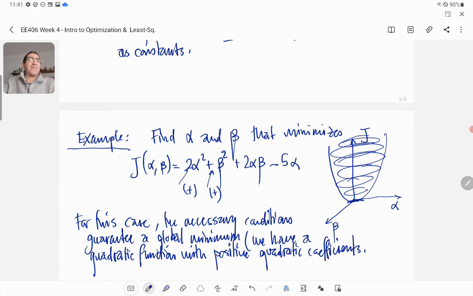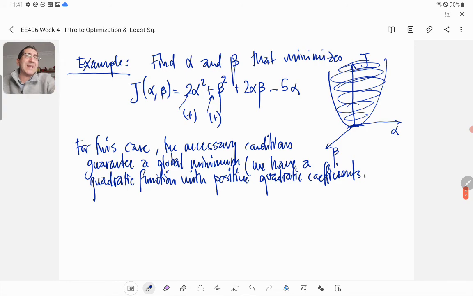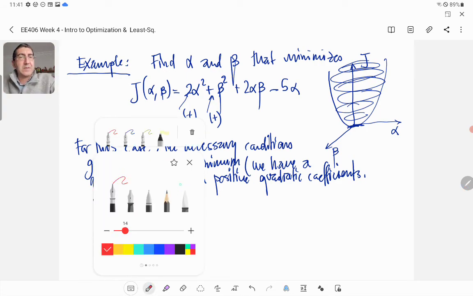Remember that if you have, for example, negative alpha square and negative beta square, in that case, this bowl going upwards will basically be going downwards. So instead of a global minimum, you will have a global maximum. But the set of equations that I'm going to solve will be exactly the same. So you need to be careful in that respect. Okay.